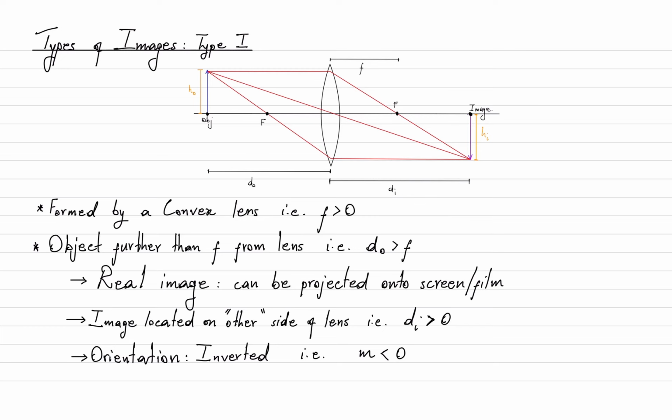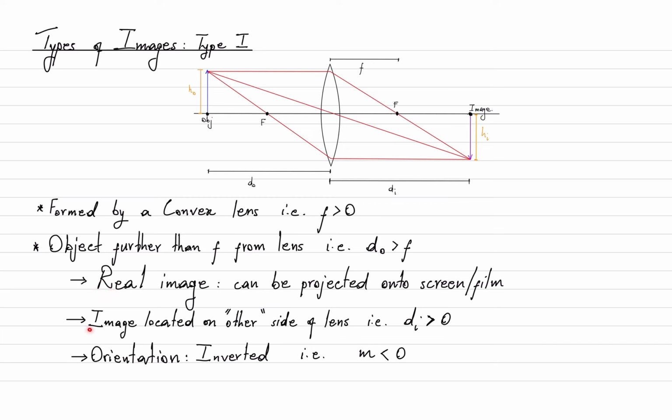That's why it's real. There are actual, physical light rays that pass through this point in space. Don't be concerned too much by what that means. When we talk about the other kind of image, you will see what I mean by the light rays actually passing through this point. So a convex lens where the object is further from the lens than the focal length will produce what is known as a real image.